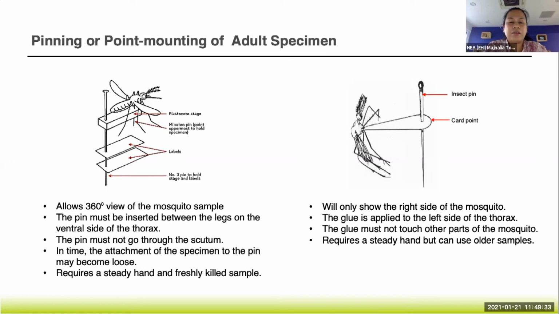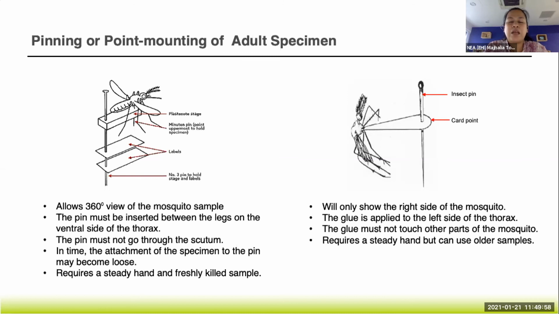In time, however, when you keep opening and closing your dry drawers and your dry cabinet, the problem is that it will jiggle or move your sample, and sometimes the point where the pin goes through the thorax of your mosquito gets bigger, and then they become loose.